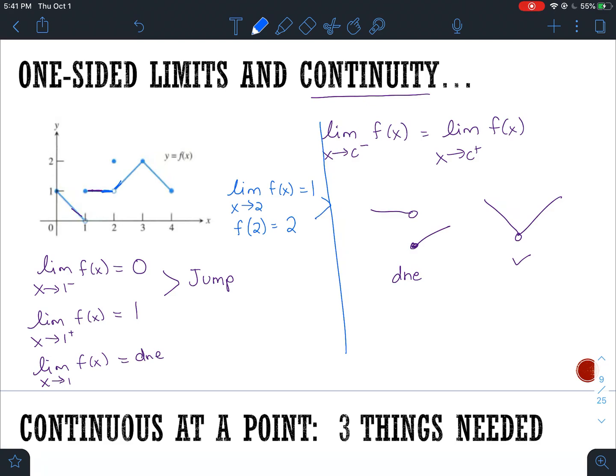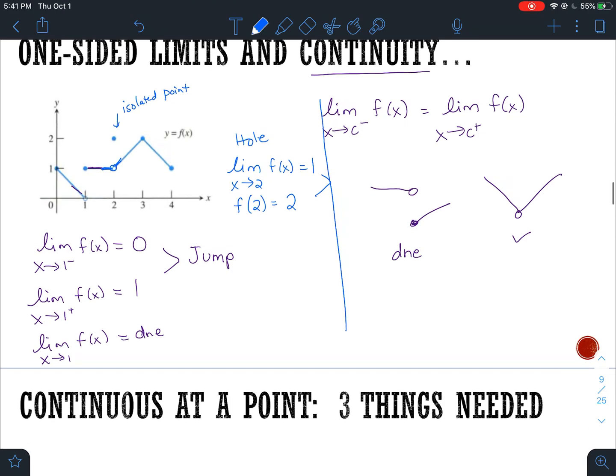Since the point that exists and the limit that exists are different, it's just an isolated point right there. So the limit exists and the point exists, but since they're not the same, the graph is not continuous there, and it's going to be a hole. And then if your limit is going to infinity or -infinity, then that's going to be an asymptote. So we'll talk about that.